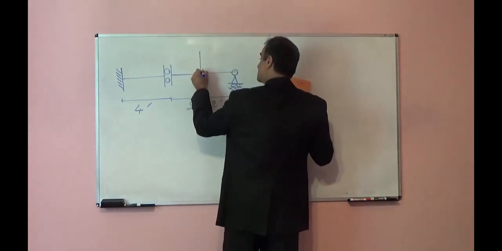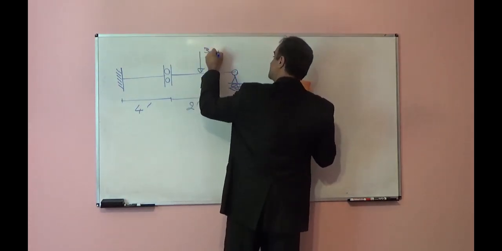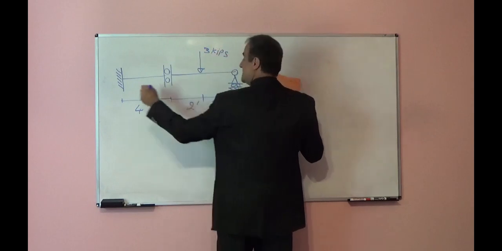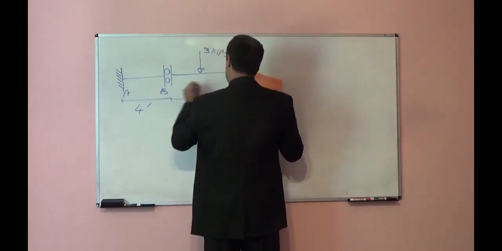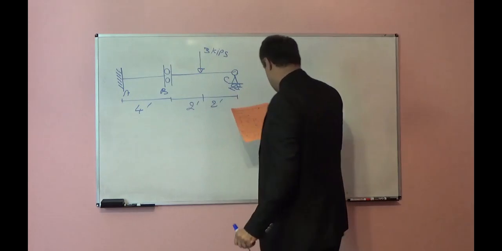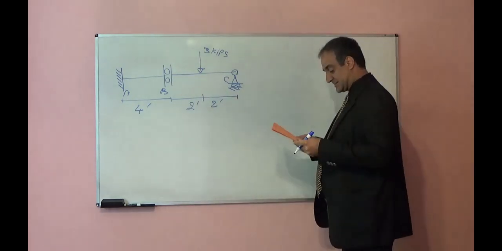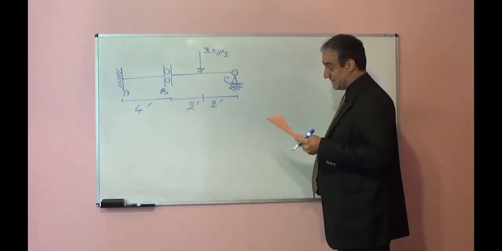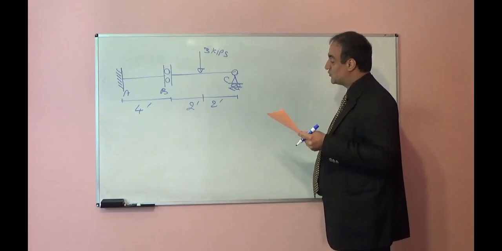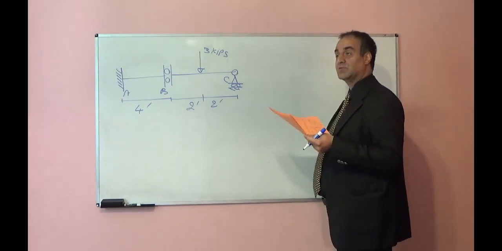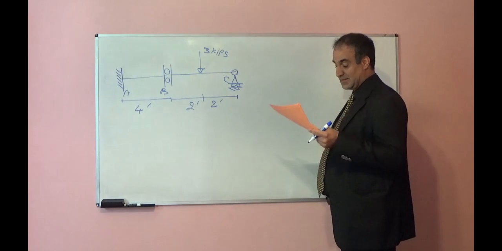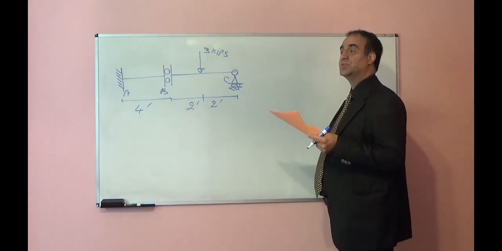We have a force here, 3 kips. A, B, C. The problem statement says determine the deflection at the left side of joint B. We want to find the deflection at the left side of joint B.